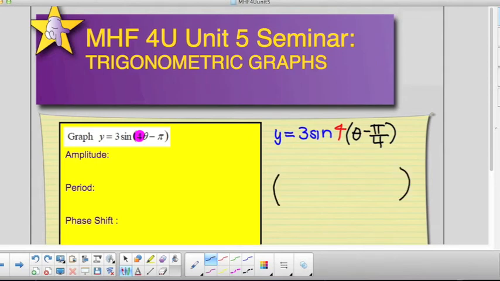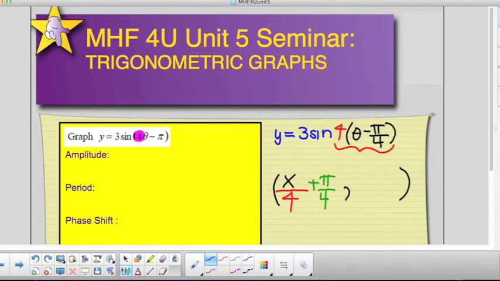Everything that affects the graph horizontally affects my x values. So I have my x value, I'm dividing it by whatever my k term is. In this case, I'm dividing it by 4.